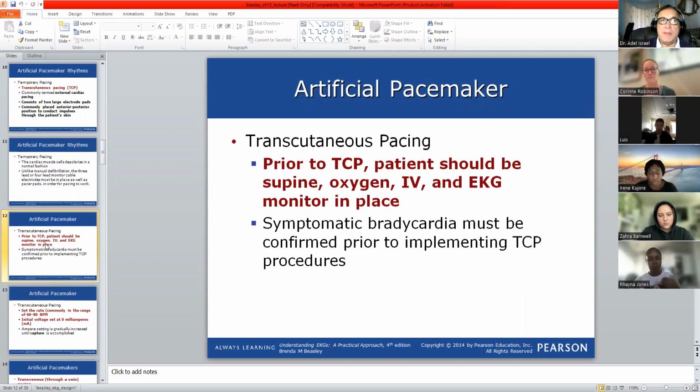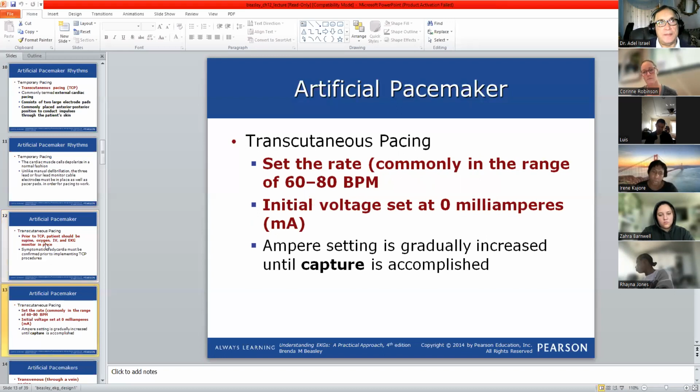Maybe we have bradycardia but without symptoms, no problem. But if there is a problem, symptomatic bradycardia must be confirmed prior to implementing the transcutaneous pacemaker procedure. So we have to be sure that the patient actually has symptomatic bradycardia before we start.